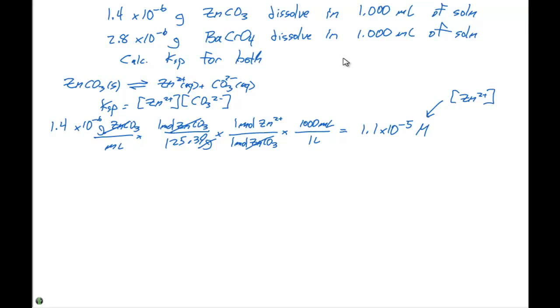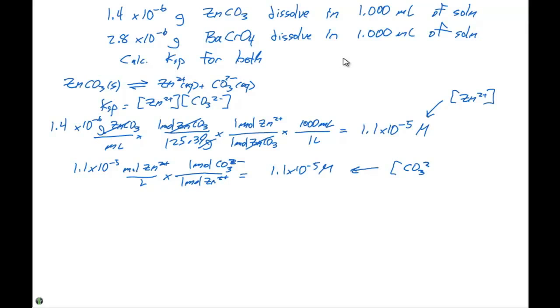We can also look at this equilibrium expression. For every 1 mole of zinc 2 plus in solution, we have 1 mole of CO3 2 minus in solution. So if this is 1.1 times 10 to the minus 5 moles of zinc 2 plus per liter, we know from our balanced equilibrium expression that for every 1 mole of zinc 2 plus, we get 1 mole of CO3 2 minus, which tells us that 1.1 times 10 to the minus 5 molar is also the concentration of CO3 2 minus.